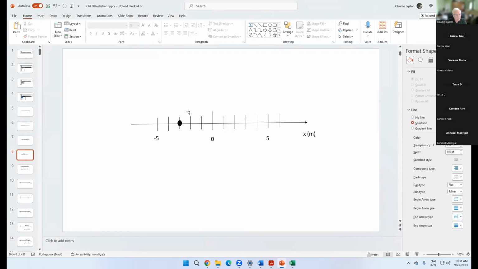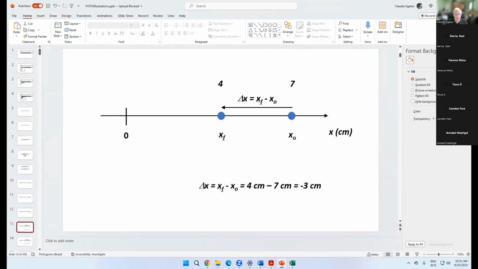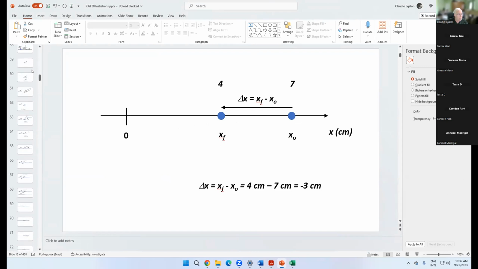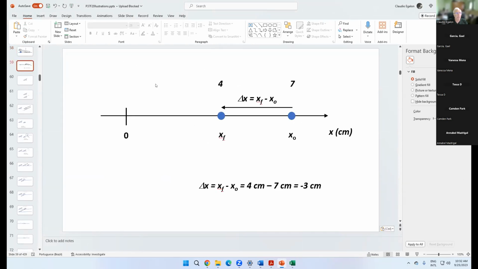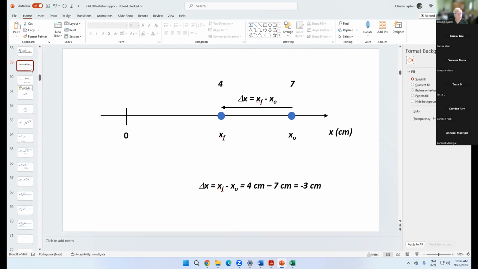I'm going to modify this slightly. Let's say that's the initial position.